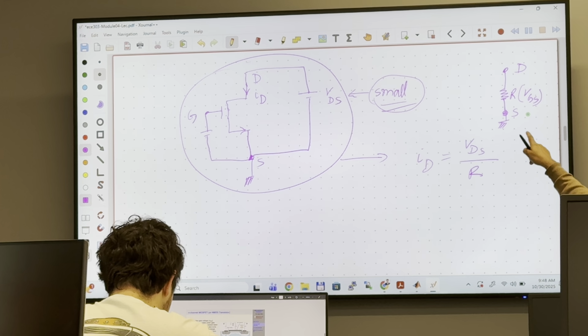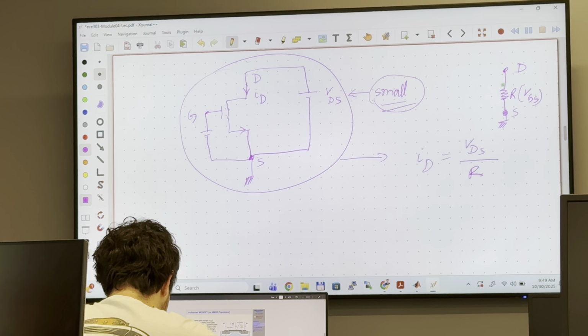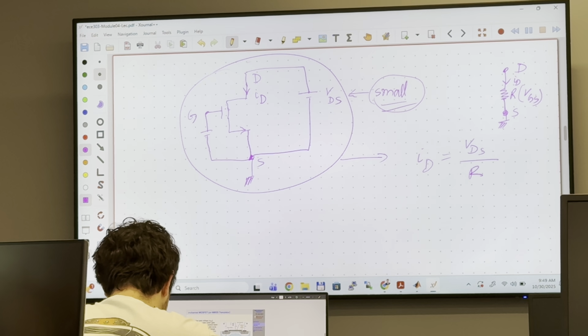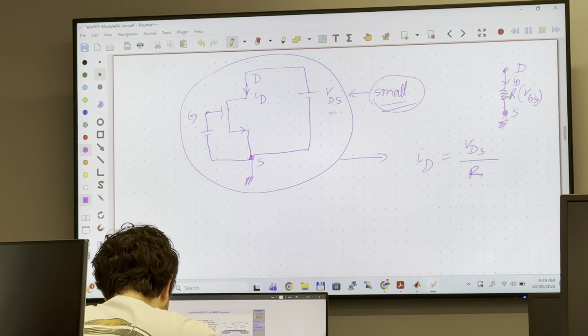Therefore, if resistance varies, the current flowing from drain to source will vary as well. So current flowing through this resistance will vary. You understood, guys? So for small VDS, you can just think of this device as a resistance.